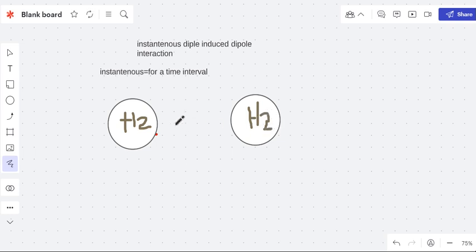So for a while, what happened? For an instant time interval, this electron just accumulates here, and the hydrogen positive ion moves to this side.